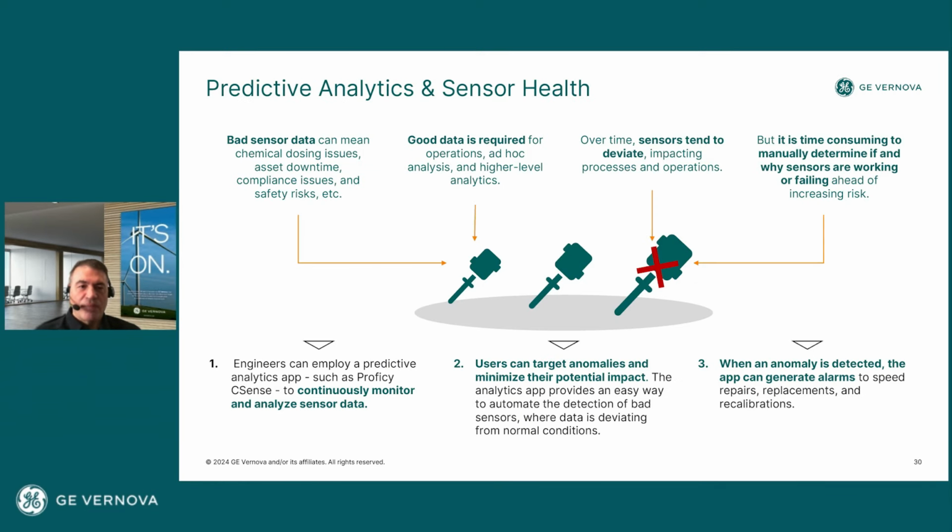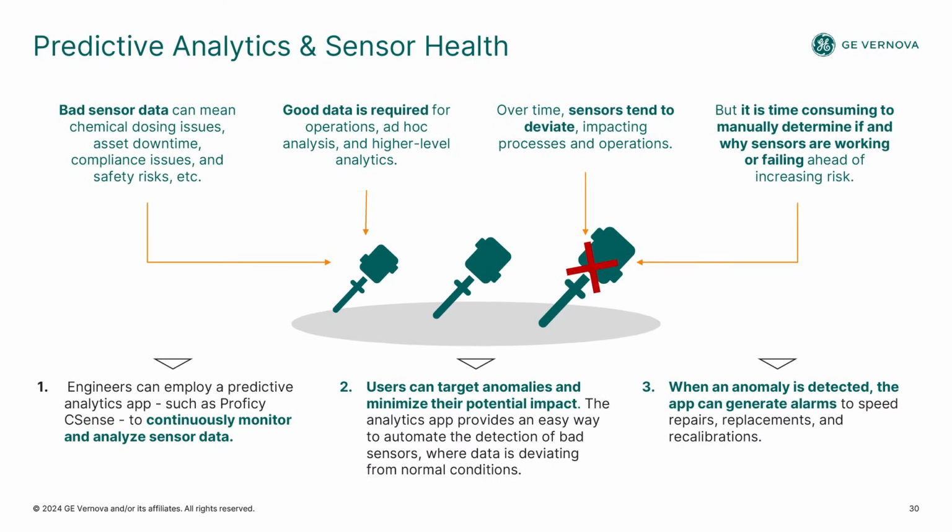And then I mentioned things like the sensor health. The idea here is, let me monitor that data. Because ultimately, if the data is bad, you're probably not controlling your process correctly either. If the data that you're relying on is not reliable, the idea here is, let's detect those anomalies.